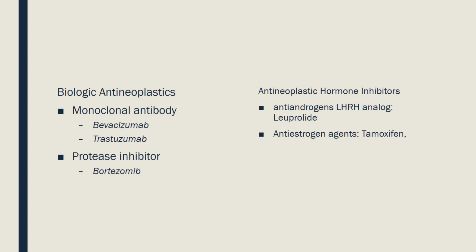So we've already taken a look at that. These are the ones that use biotechnology to develop them, where they use DNA technology. And the monoclonal antibodies use that recombinant DNA technology that can cause cell death or help recruit other elements of the immune system to attack the cancer cells.